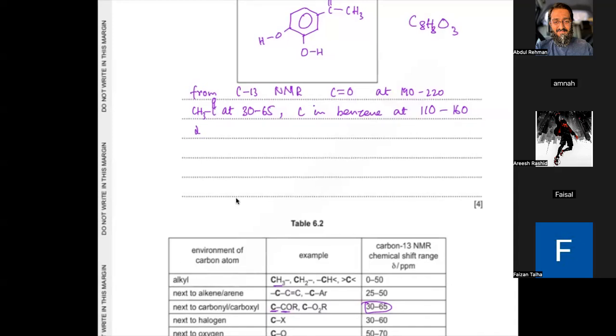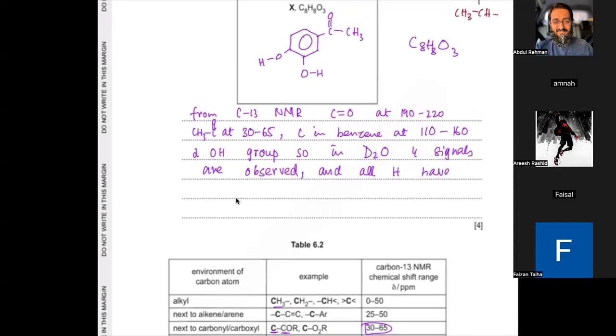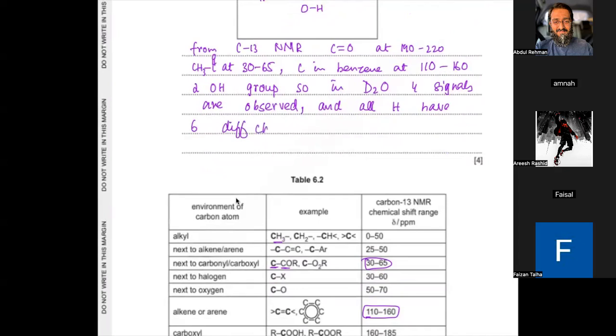Now, two OH groups. So, in D2O, 4 signals are observed, and all hydrogens have six different chemical environments.